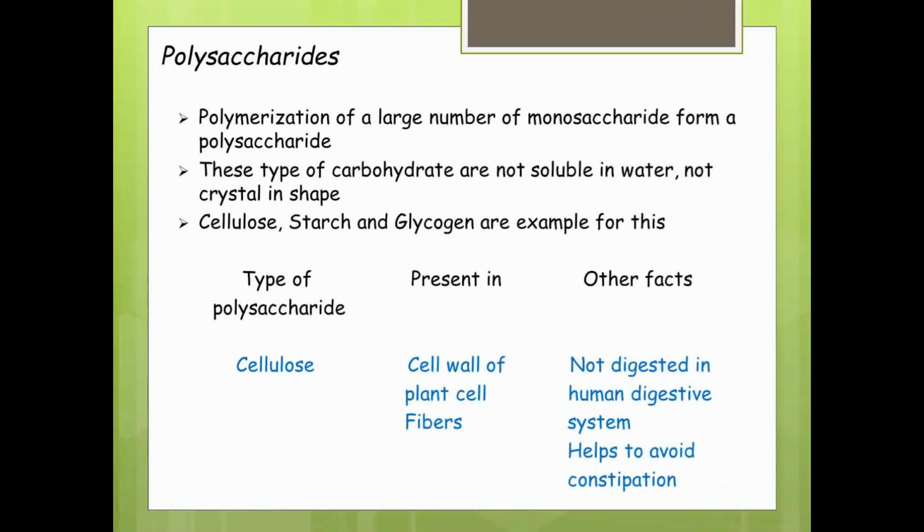Okay, let's see the third division of carbohydrates, polysaccharides. Polysaccharides are formed by polymerization of a large number of monosaccharides.